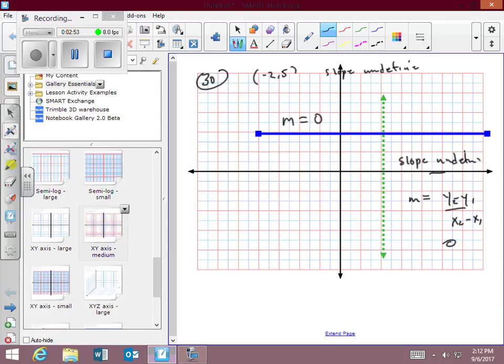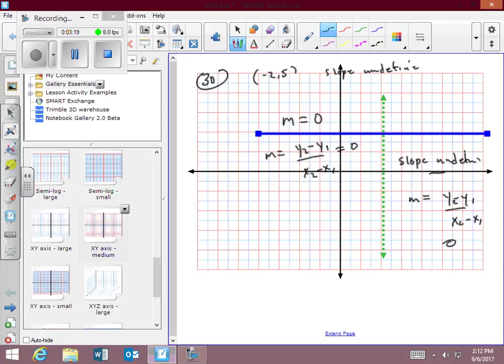And any number divided by 0 is undefined. And when you calculate the slope for this one, you will find that the numerator will be 0 and the denominator will be some number. And when you divide 0 by any number, it's 0.